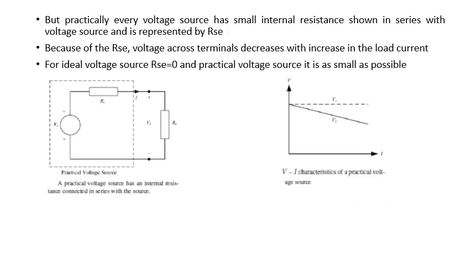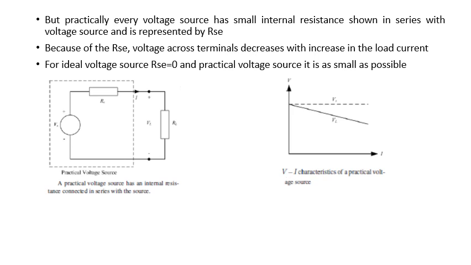But practically every voltage source has a small internal resistance shown in series with the voltage source and is represented by RSE. So practically you cannot say that it is an ideal voltage source, because practically there may be some internal resistance shown in series with the voltage source, represented by RSE.